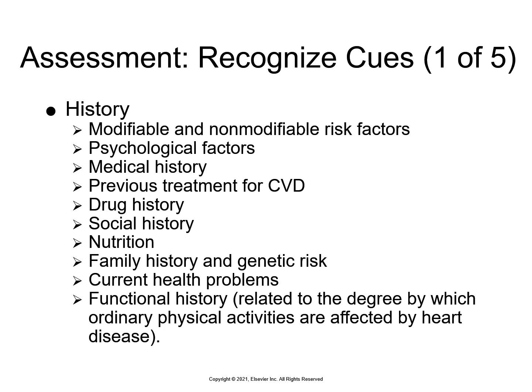So this is related to the degree by which ordinary physical activities are affected by heart disease. Can they walk? How far can they walk? So all of these are the functional history, and they are classified by the American Heart Association.